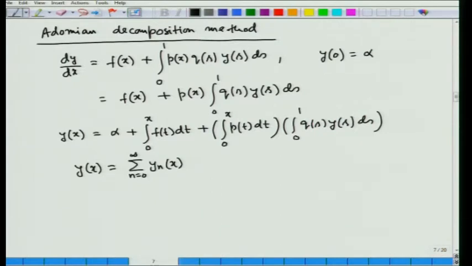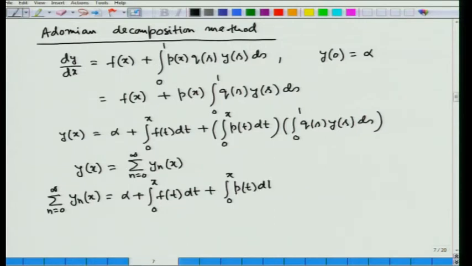So, substituting this expression for y in the above expression, we can find summation n running from 0 to infinity y_n(x), this is equal to alpha plus integral 0 to x f(t) dt plus integral 0 to x p(t) dt, then sigma n running from 0 to infinity integral 0 to 1 q(s) y_n(s) ds.